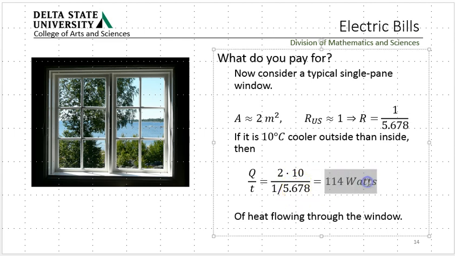And I get the heat going out of my 2 square meter window is about 114 watts. 114 watts is a really bright incandescent light bulb, right? That's actually a fair amount.